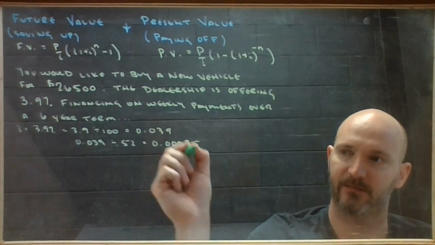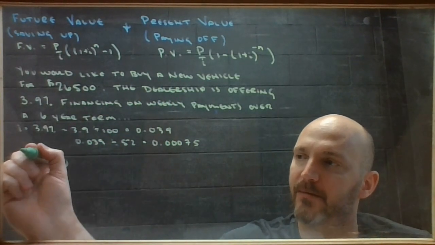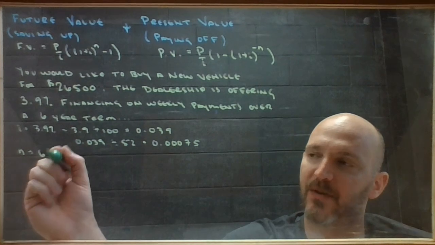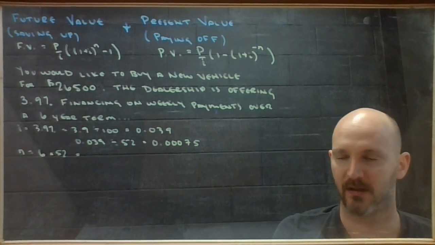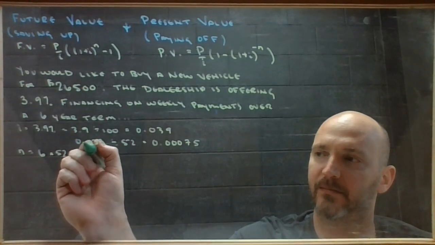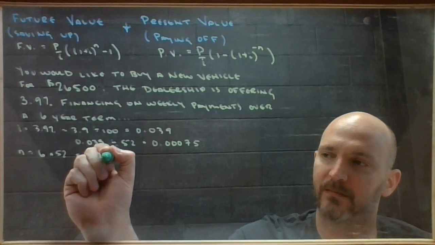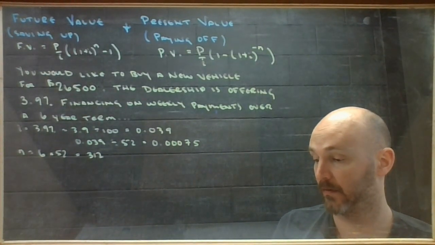My N value is 6 years' worth of payments every week. 6 times 52 is 312. I'm just going to fact check myself there. Good.